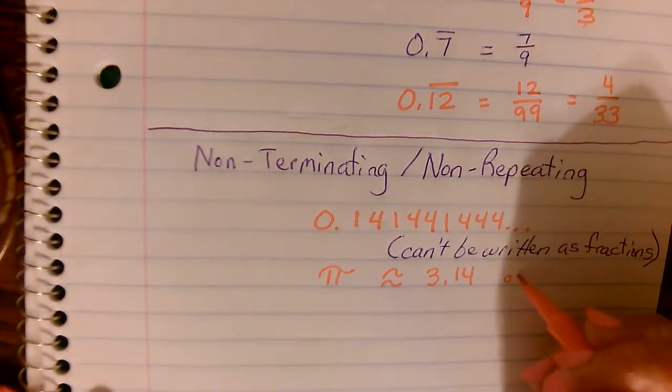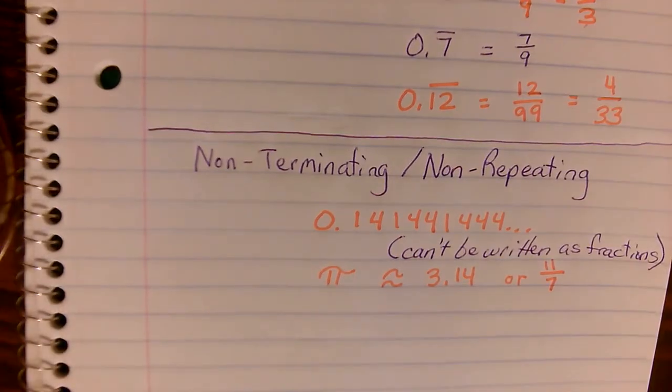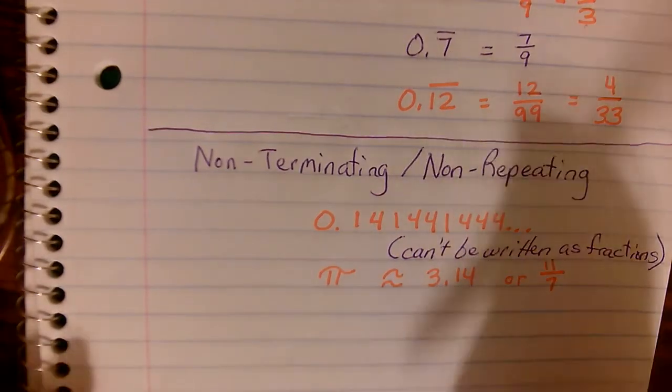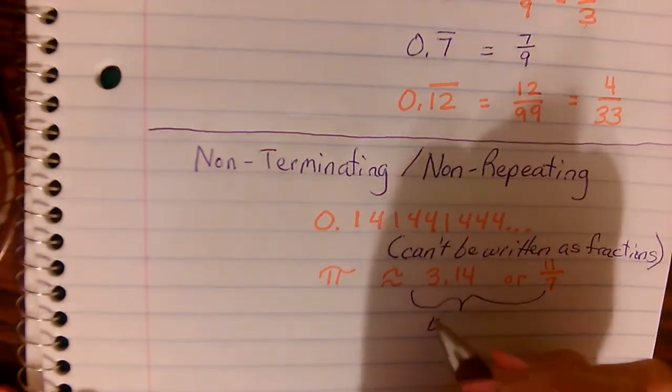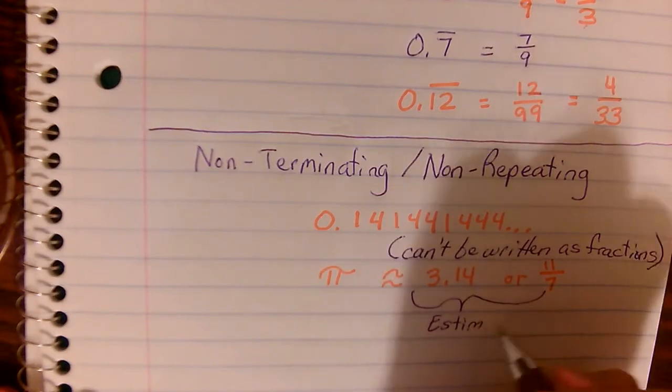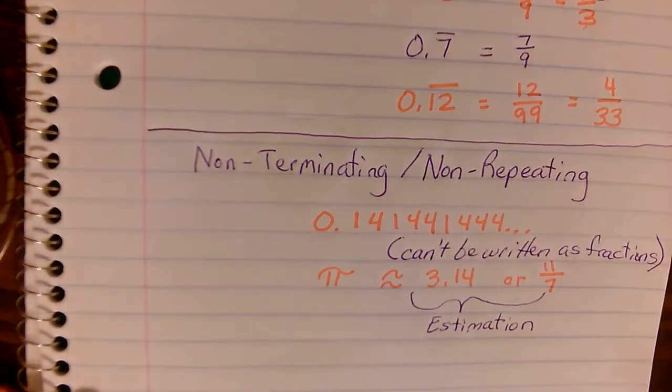Or some folks refer to it as 11 over 7. And these are simply estimations of the value, or rounded versions of the value. It's an estimation. But pi is still a number that is non-terminating, non-repeating, and exists.